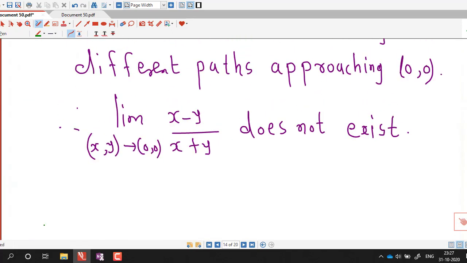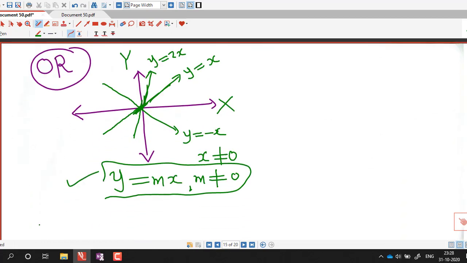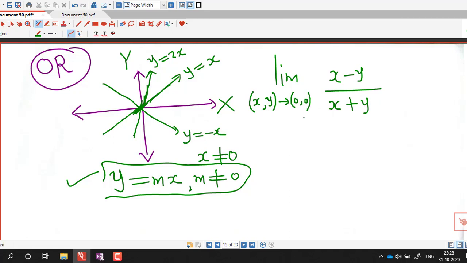So if we consider y equal to mx in the given equation, we can find out limits along all possible lines passing through origin. So here, suppose we try to find out limit along all the lines passing through origin.